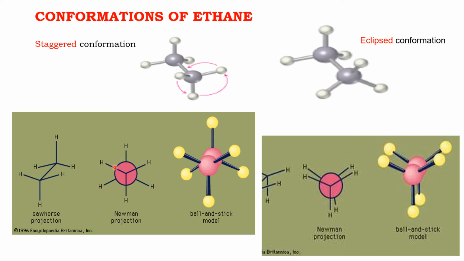See here, this is the first carbon atom and these three are the hydrogen atoms of the first carbon atom. And in the staggered conformation, the hydrogen atoms of the second carbon are placed exactly between the hydrogen atoms of the first carbon atom. And this is the ball and stick model. Similarly, these are the projection formulas of the eclipsed conformation.